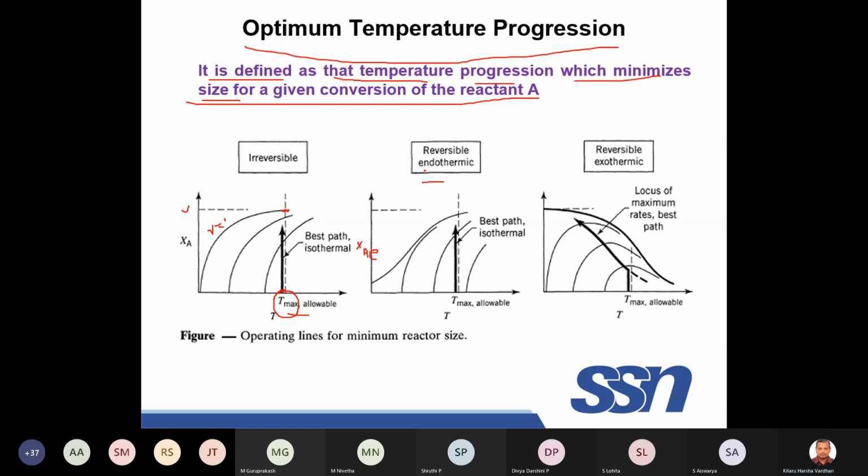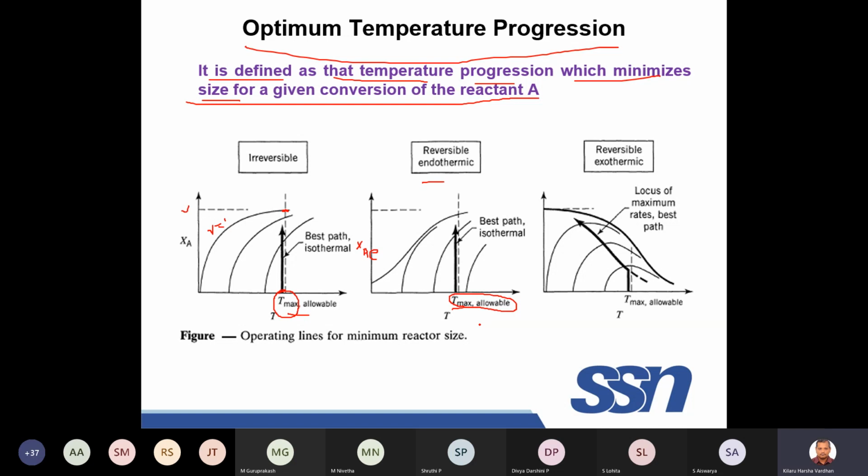Here also, at the maximum allowable temperature you get a maximum rate and you get more XAE. Again, what is this maximum allowable temperature? Can anyone tell what that maximum allowable temperature is? It can be infinite temperature.